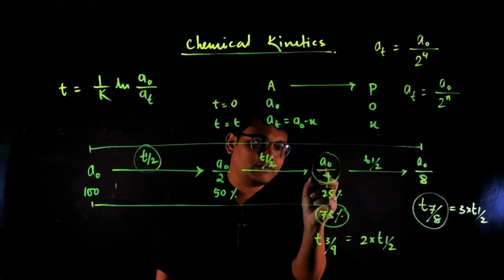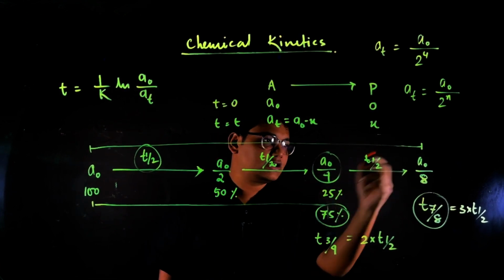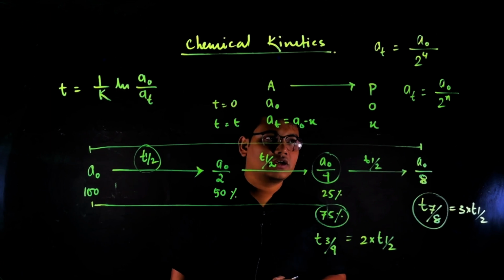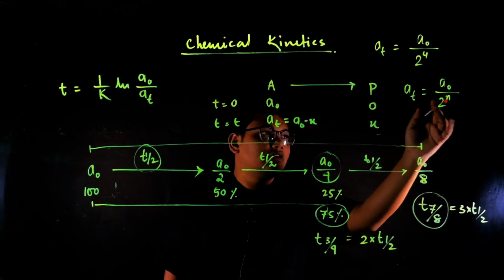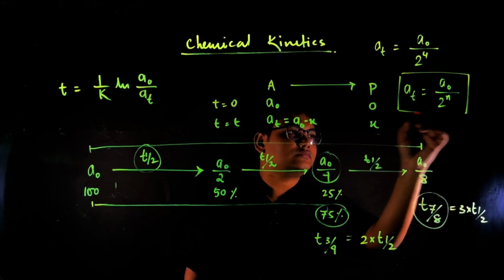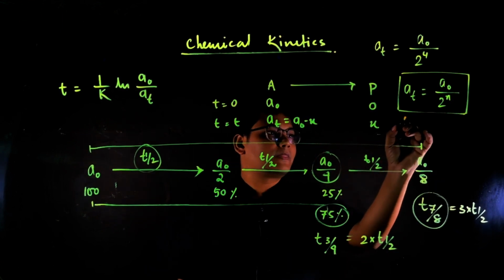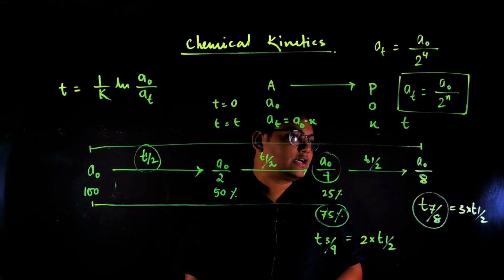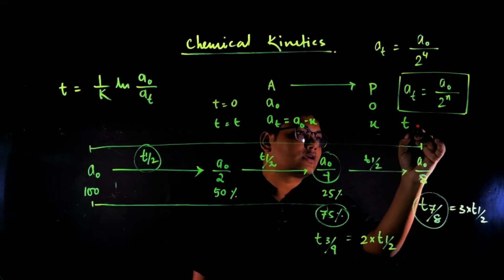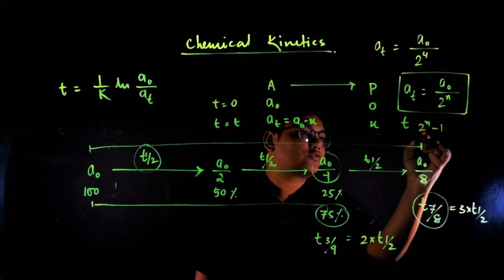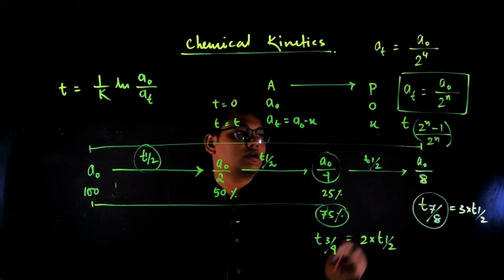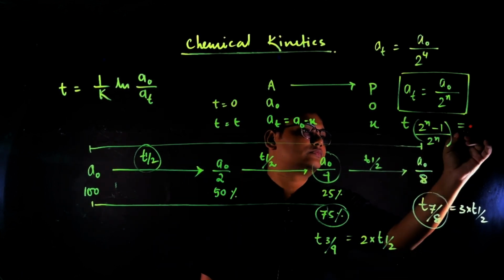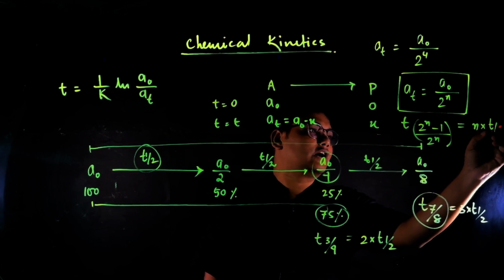For 2 t half, A0 by 4. For 3 t half, A0 by 8. So if the reaction proceeds n t half, then it will be A0 by 2 to the power n, and the time will be (2 to the power n minus 1) divided by 2 to the power n, and that is equal to n into t half.